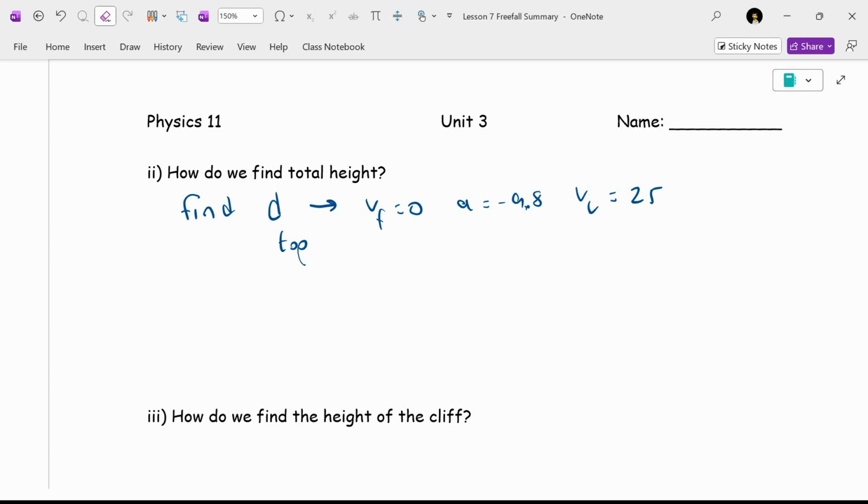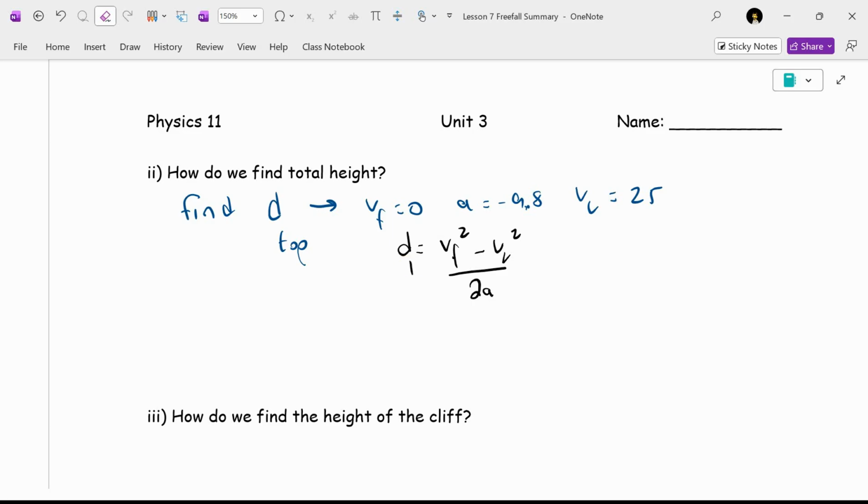What did you say it was? Can you get the D by itself for me, please? Going to be VF squared dropping down like a domino. Yep. The VI what? Thank you. And then what do you do with the 2 and the A? Divide them, right? Okay.